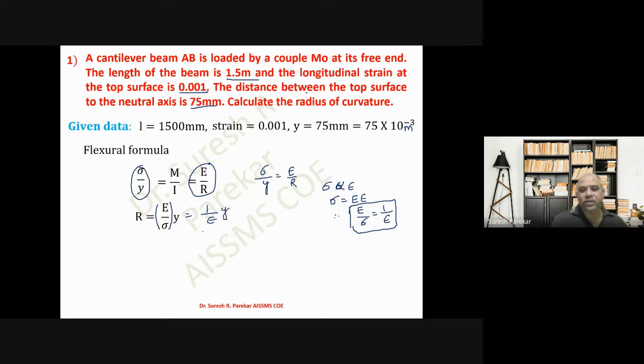Substituting the values, R equals 1 upon 0.001 into 75 into 10 raised to minus 3, and because these values are in meters, we get R equal to 75 meters.